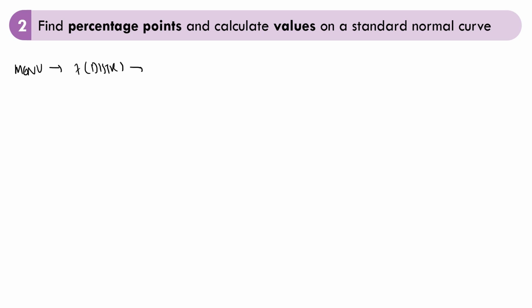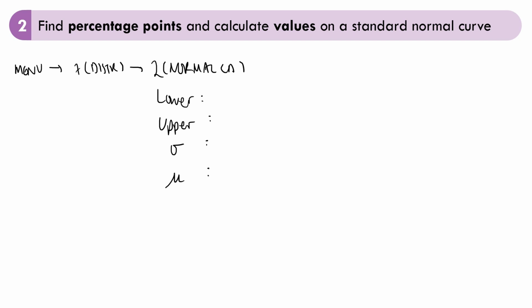Then press 2 for normal CD. And that will allow you to find probabilities from a normal distribution. So you will have a menu that shows a lower value that you have to input, an upper value that you also have to input, the standard deviation, and the mean.